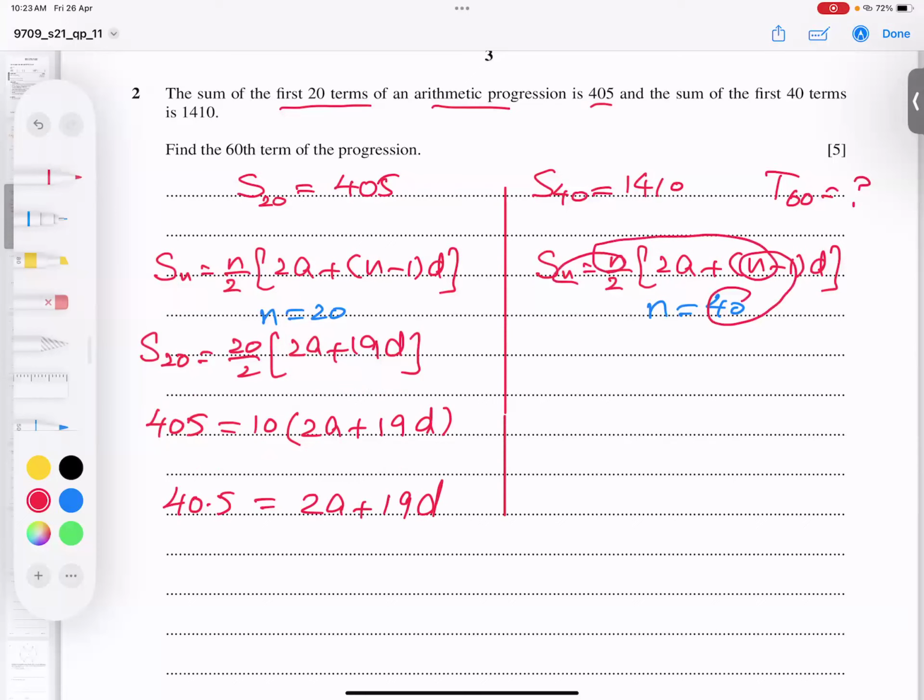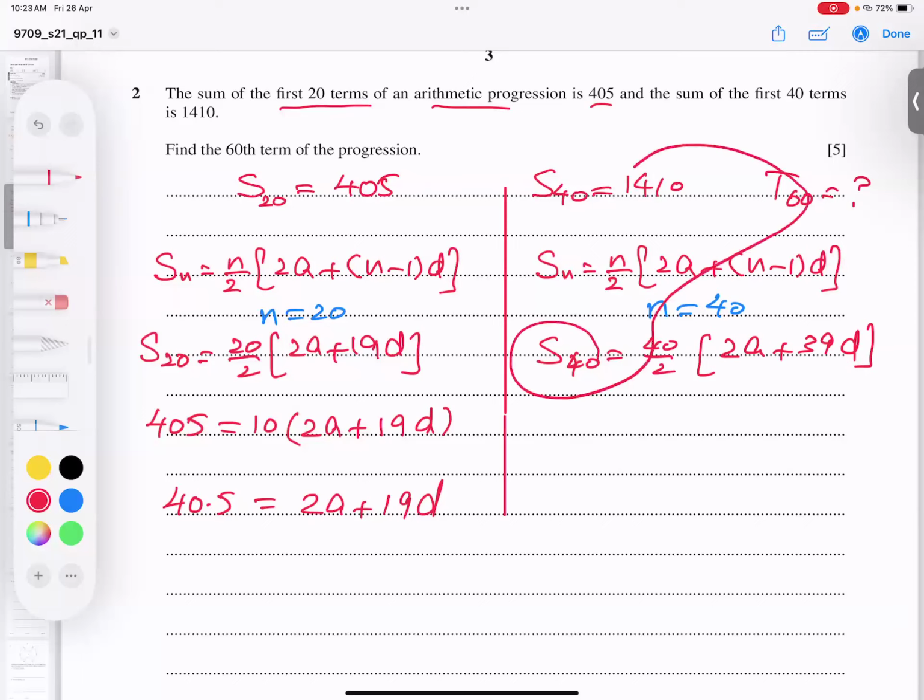I replace every n by 40. 2a, and here I got 39d. Okay, students, so what is the next plan? S40 is 1410.